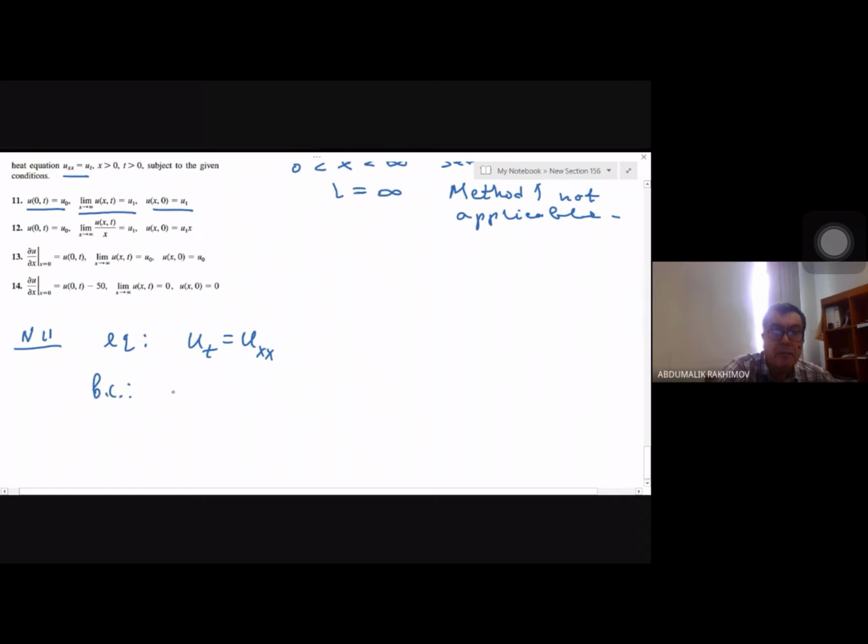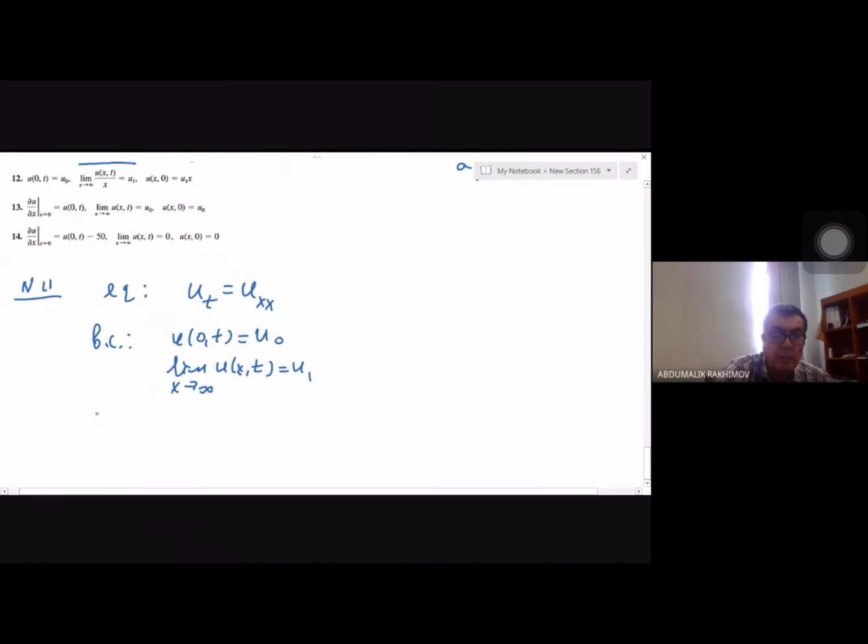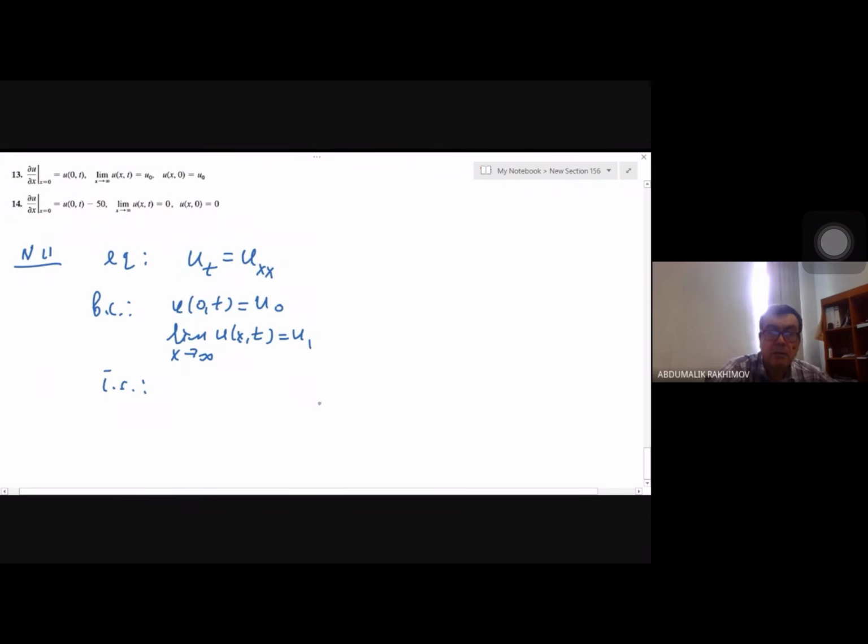We have 2 boundary conditions actually: u(0,t) is equal to u0, and the limit when x goes to infinity, the boundary condition at infinity, u(x,t) is equal to u1. And the initial condition is as follows: u(x,0) is equal to u1.